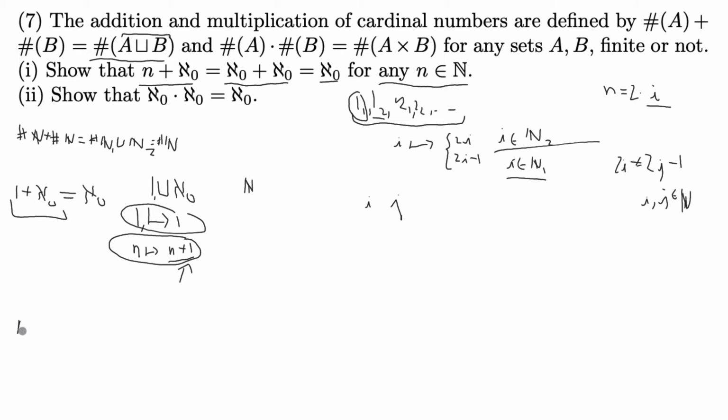Next, let's assume that for the general case of n, for n naught, there exists a function phi of k which takes the element k and sends it to a natural number, let's call it m, and we have that phi of k is bijective.